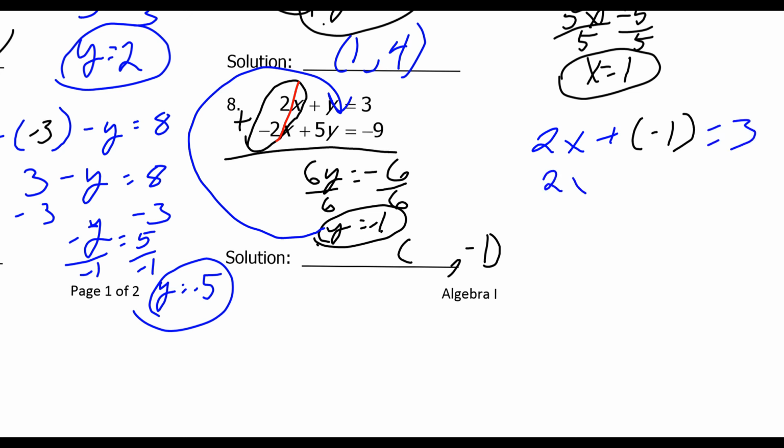So that's going to be 2x minus 1 equals 3. We add 1 to both sides. We got 2x equals 4. We divide each side by 2, and x equals 2.